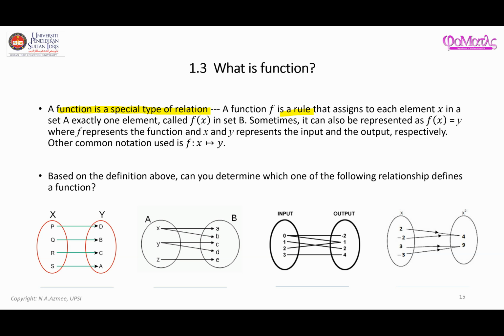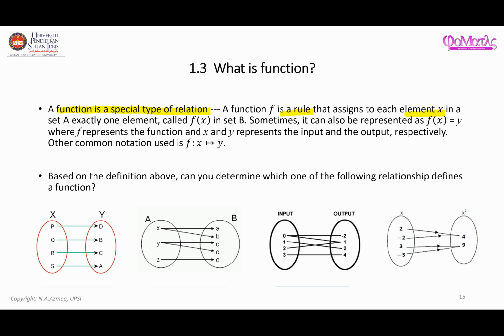We can view that as a rule that assigns each element x, which we call the independent variable, to exactly one element in set B. So x is the independent variable and f(x) here is the dependent variable.